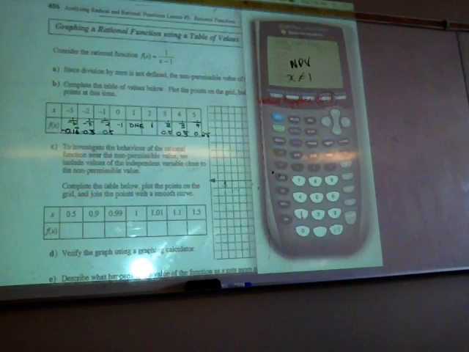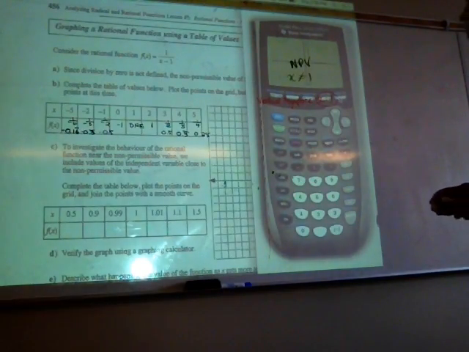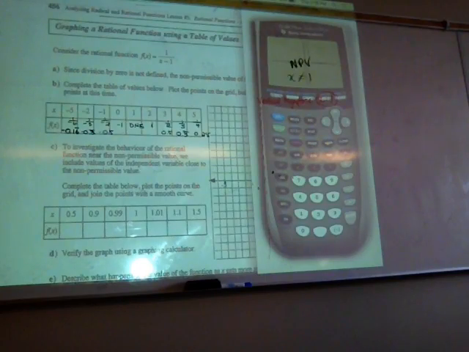Okay, so plugging into your y equals, we're going to go 1 divided by x minus 1. And then let's graph it. So there is my rational function. Let me just move this so you can see it better.